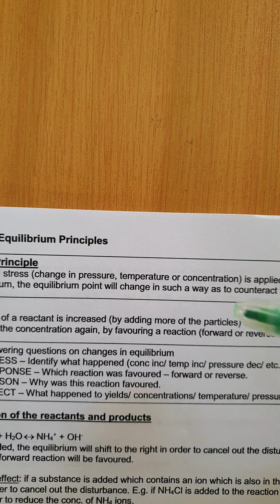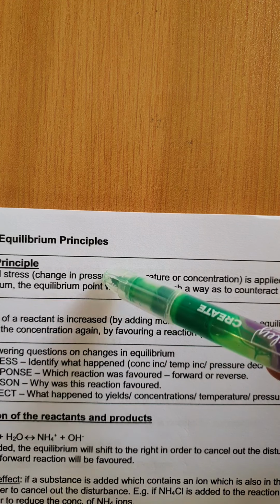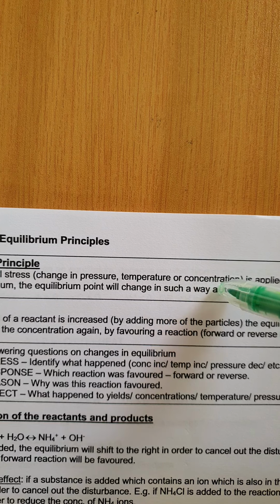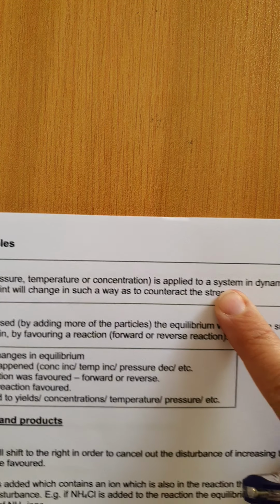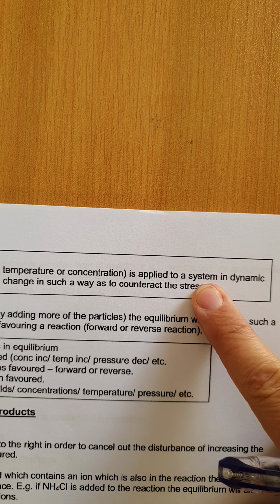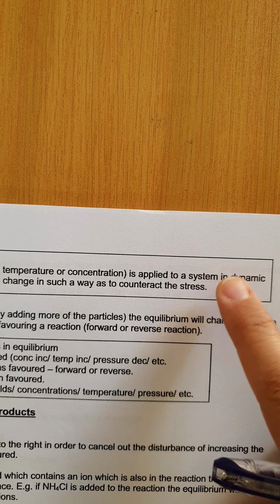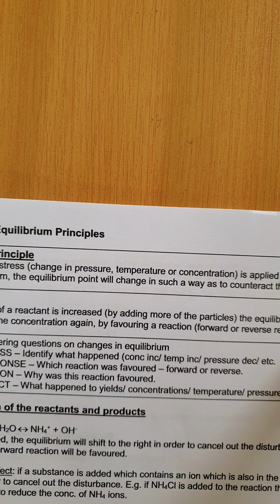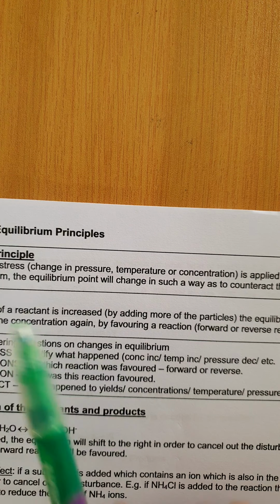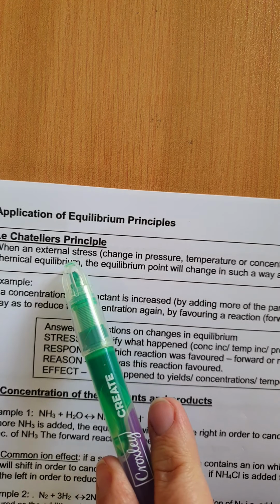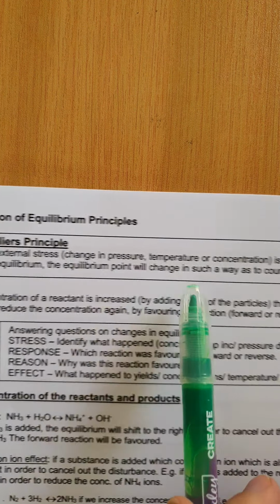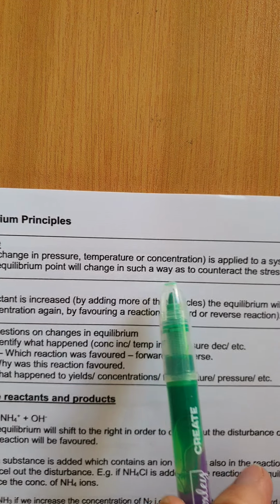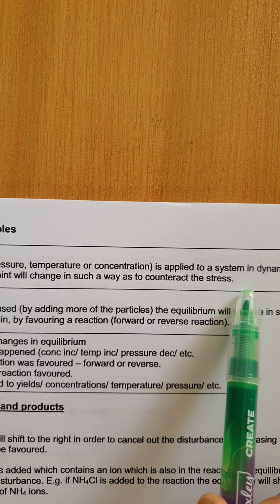So if there's an external stress, so it can be a change of pressure, change of temperature, or a change of concentration, applied to a system. Okay, you must say system, because you're applying it to the product and the reactants in dynamic equilibrium, chemical equilibrium. Okay, so that means that it's in a closed container. The equilibrium point will change in such a way as to counteract the stress.